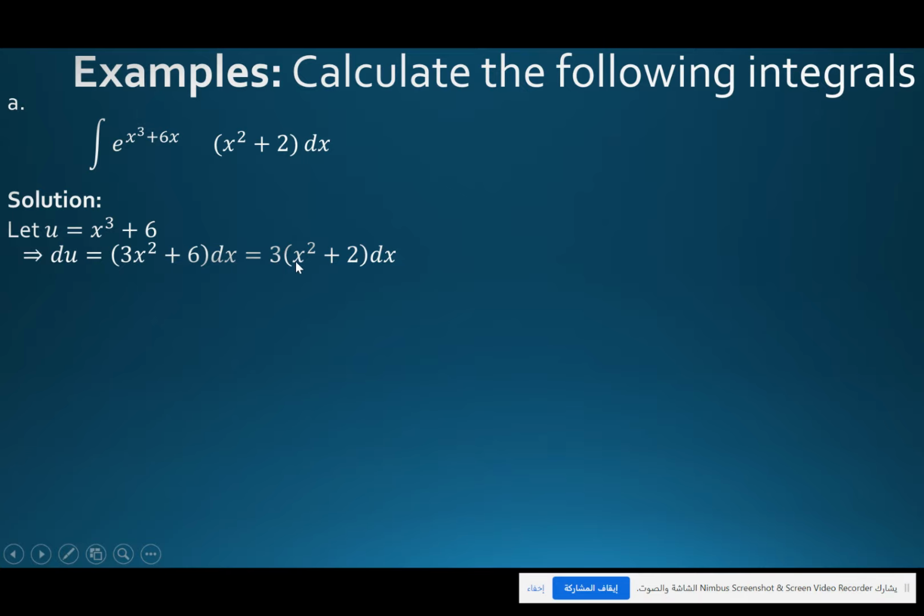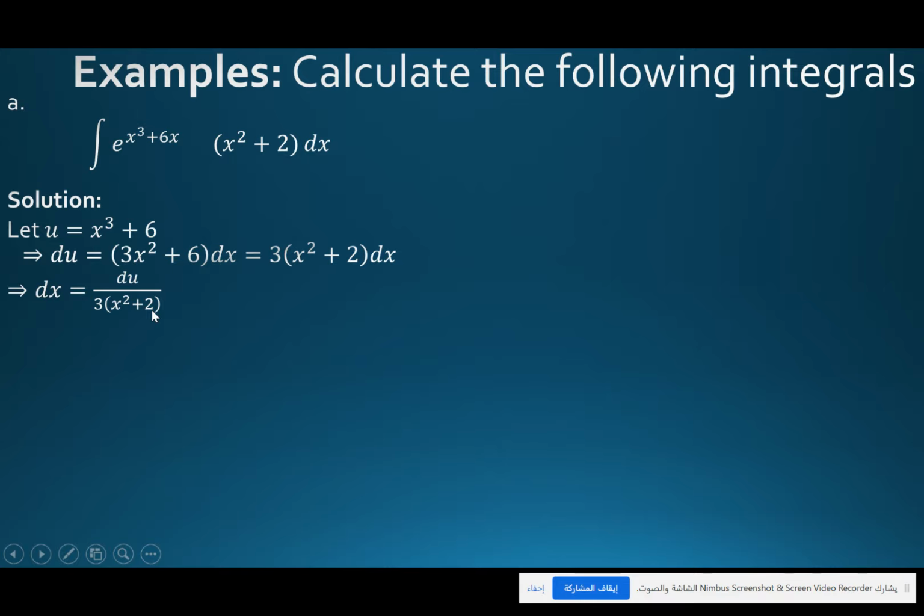Open a bracket and write x squared plus 2. By taking the 3 as a common factor, you are dividing each by 3. You will get x squared plus 2 dx. Next, make dx the subject. So here dx equals du over 3 times x squared plus 2.